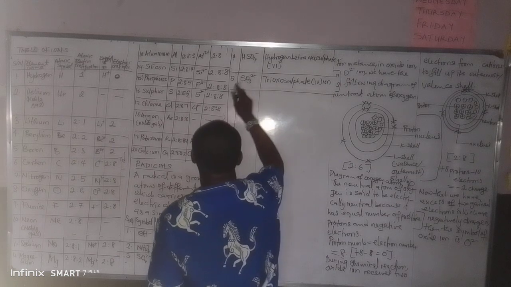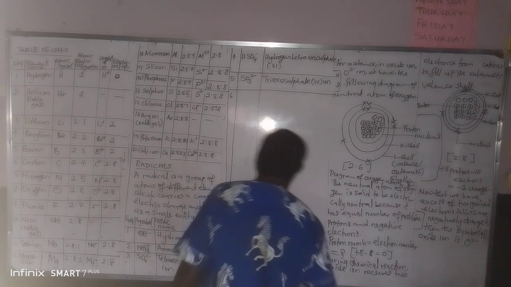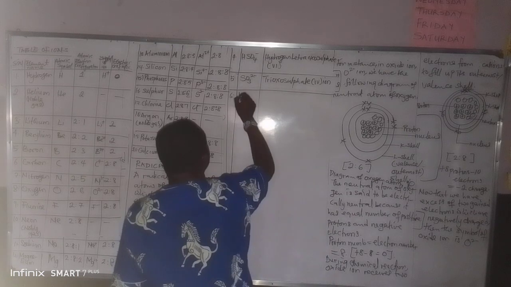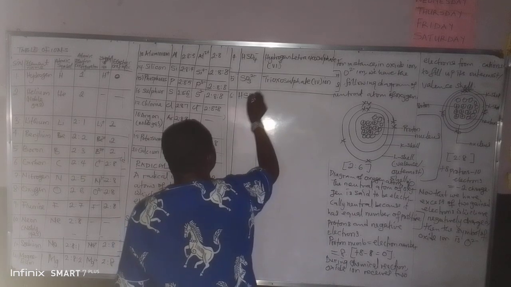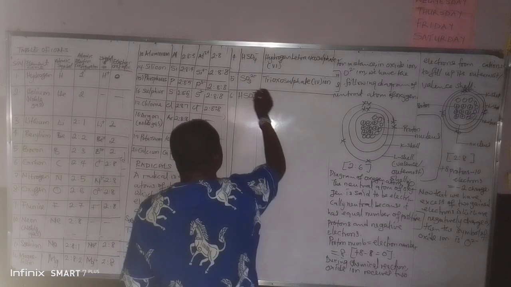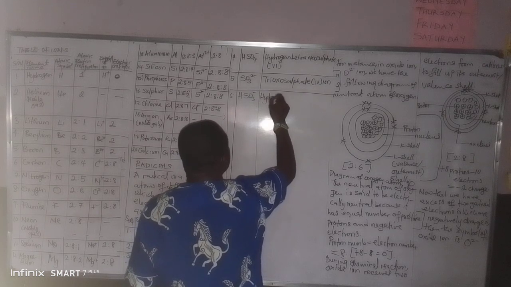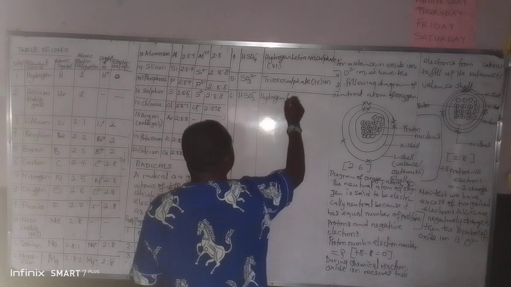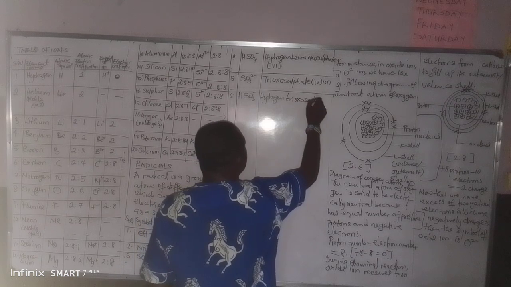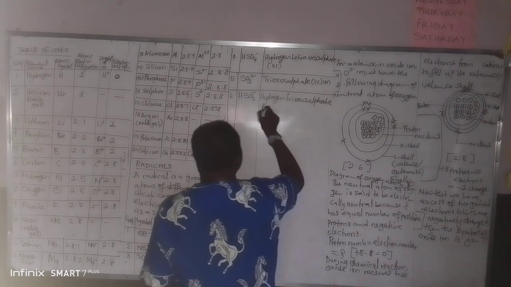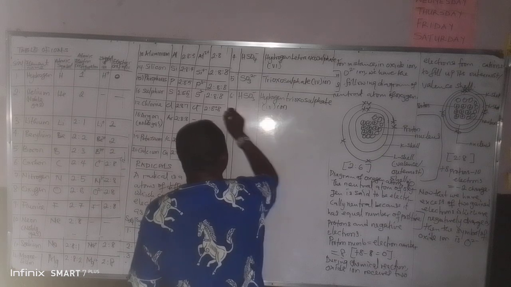You just have to memorize this one. That's why I told you it's not in all cases that we have it like that. You can also introduce hydrogen here before we have the SO3. But this time around, instead of writing 2 minus, it now becomes 1. Then this is hydrogen, then you come back: hydrogen trioxosulfate IV ion. So that's what we have there.